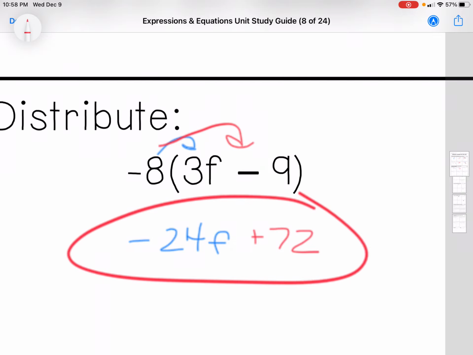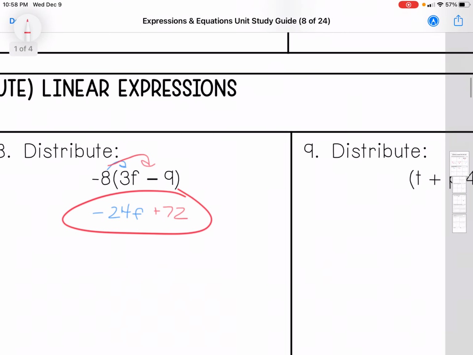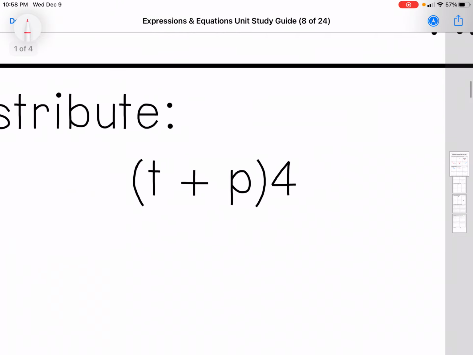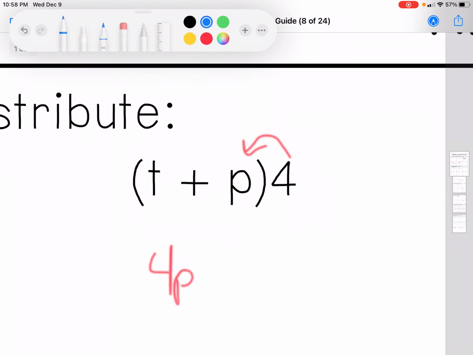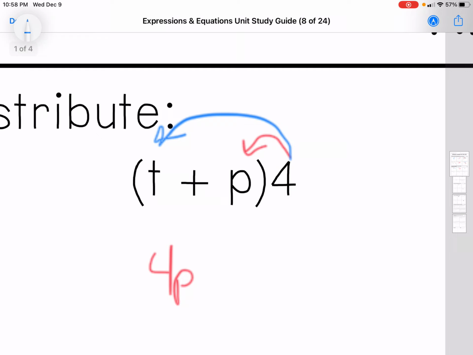You can't combine anymore because one has an F, one does not. Alright, this is still distributive property. I hope you didn't get confused on this. That's 4 times P, which is 4P. And that's 4 times T, I think, which is +4T.